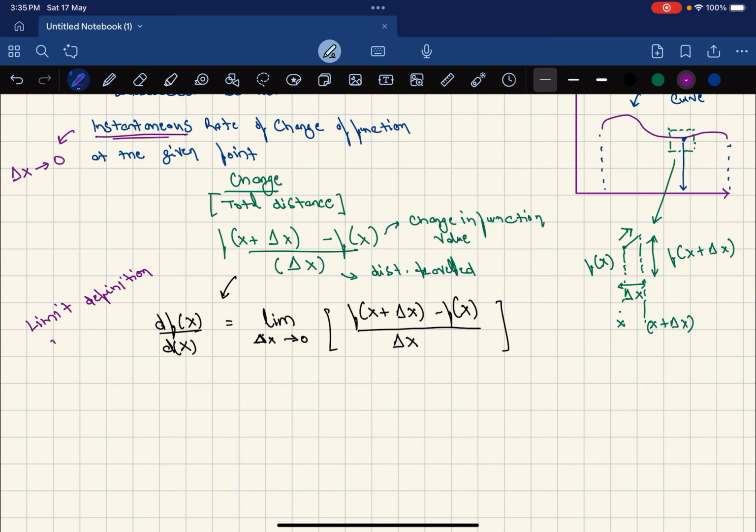Now there are some basic rules of differentiation which you can get from anywhere, but I'll be going through some of the basic rules here which would be used in the different applications we'll be looking at in our future sessions. So the first basic rule: the derivative of a constant is 0.